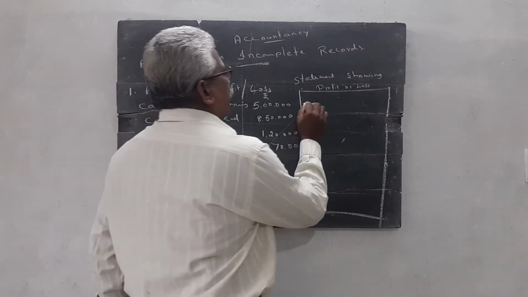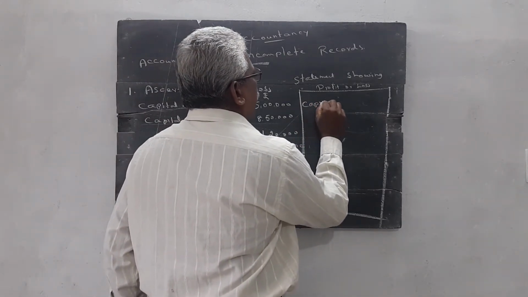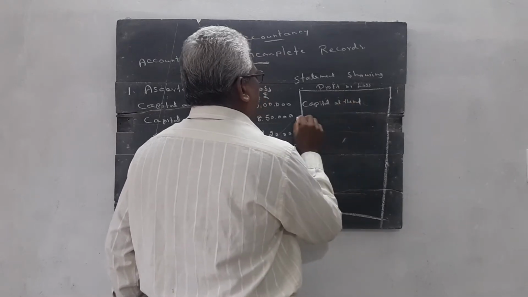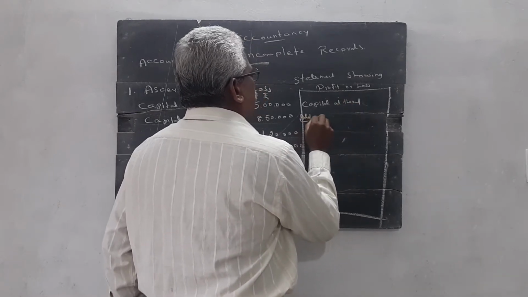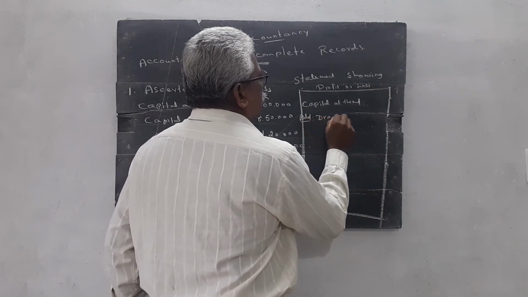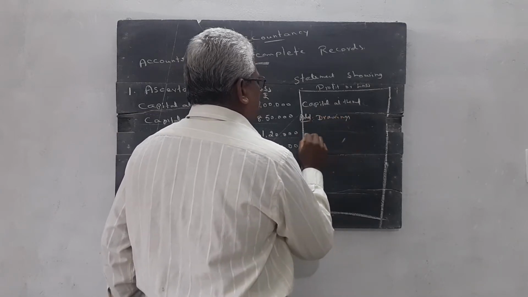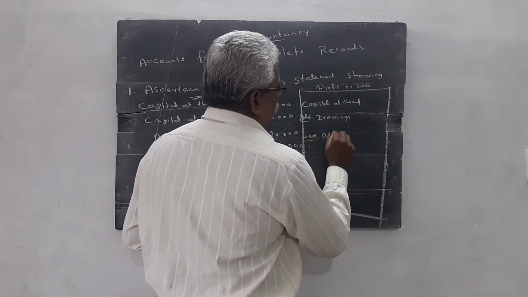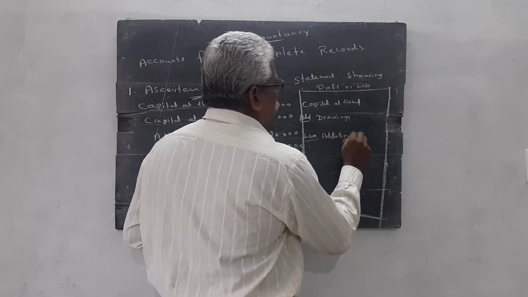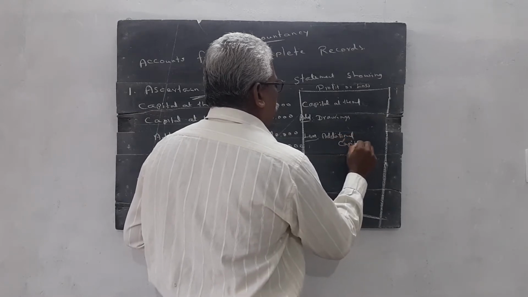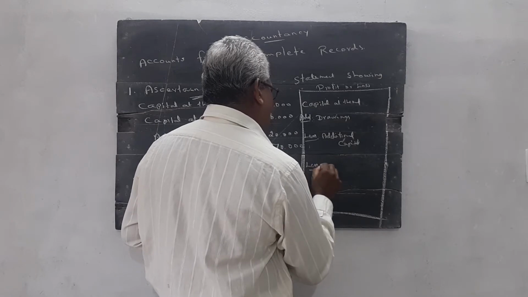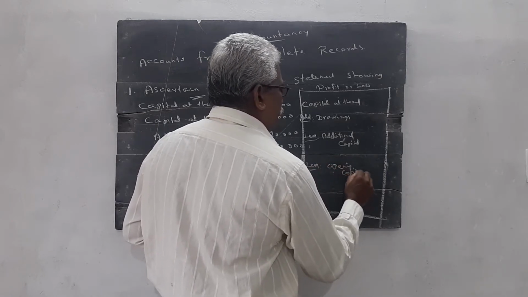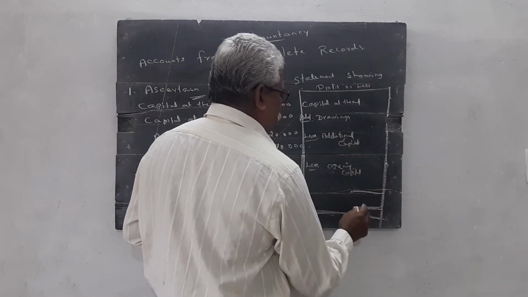Then first we write capital at the end. Capital at the end, add drawings, less additional capital, less opening capital, we can get profit.